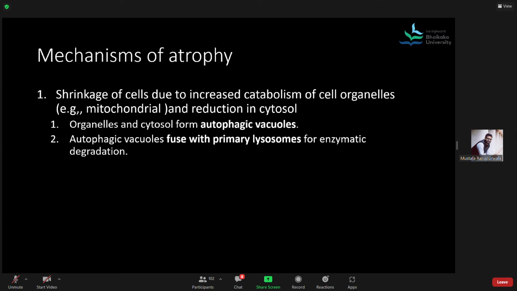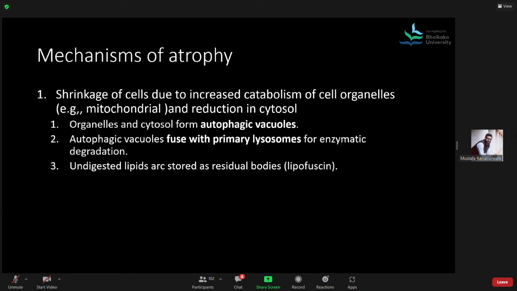This enzymatic degradation will do two things. One, it will eliminate the number of organelles to decrease the cell size. But not only that, when you decrease the cell organelles, you're also decreasing your dependence on outside signals. Why? Because those same degraded organelles, you can digest them and produce a little bit of energy for continuing to function, right? Okay.